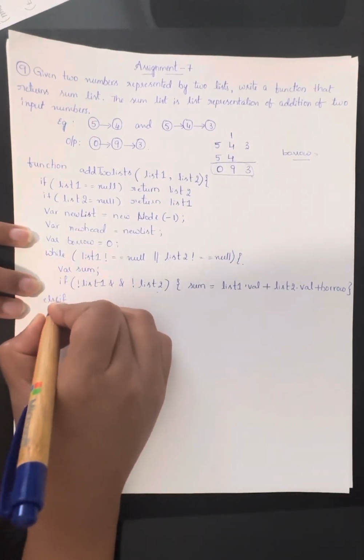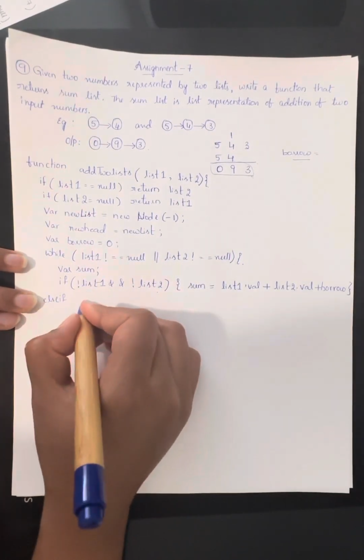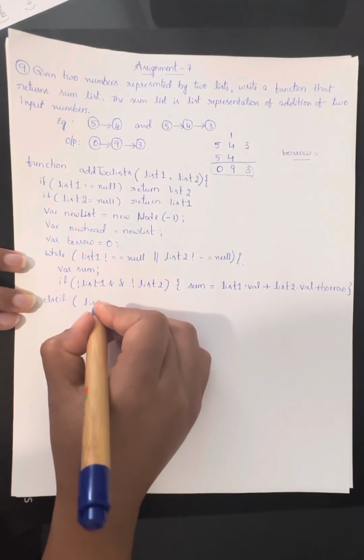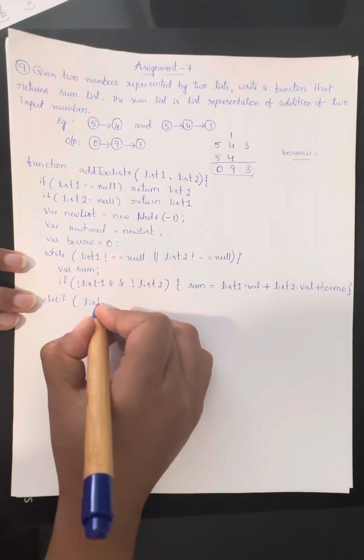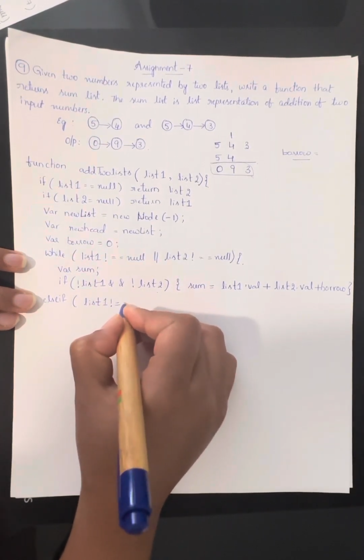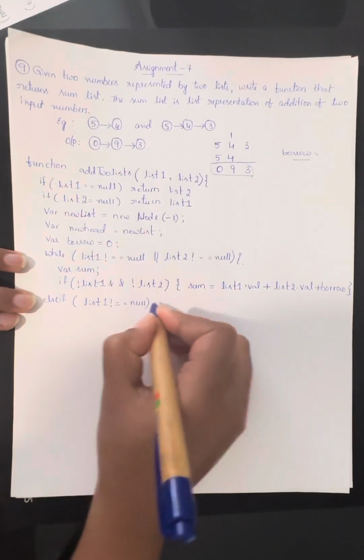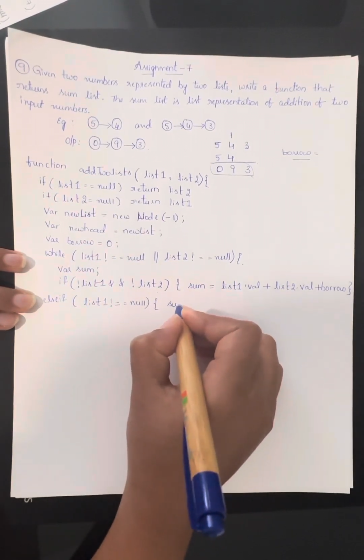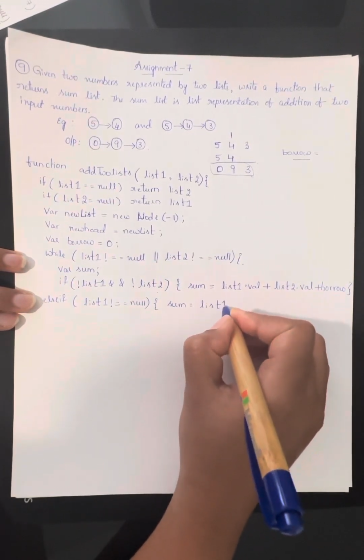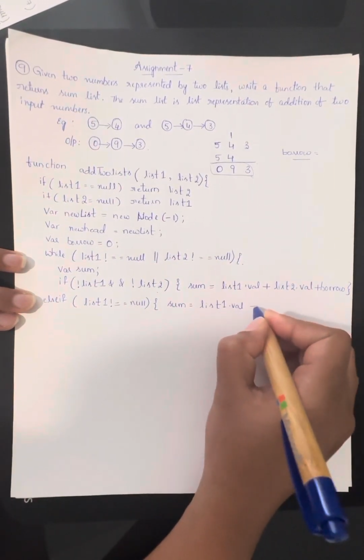Else if list 1 is not equal to null, then sum becomes list 1 dot value plus borrow.